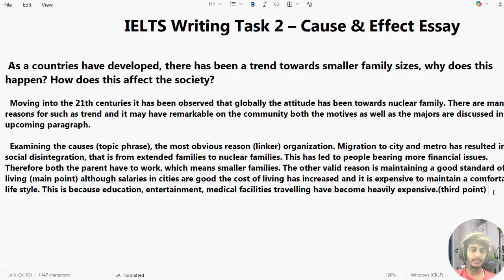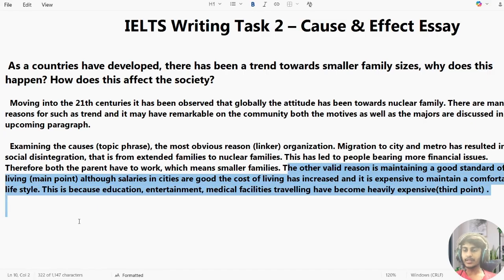Here is the point. The other valid reason is maintaining a good standard of living. Main point: although salaries in cities are good, the cost of living has increased and it is expensive to maintain a comfortable lifestyle.